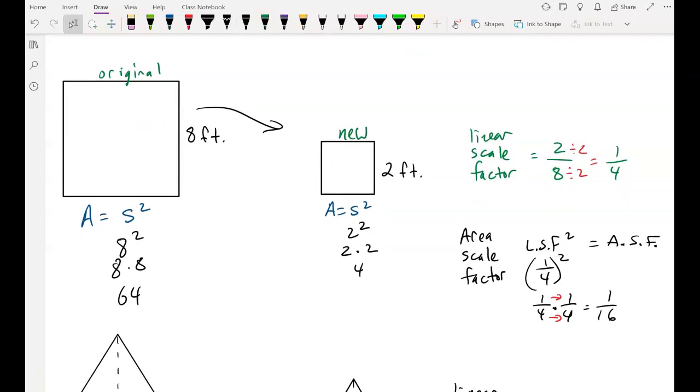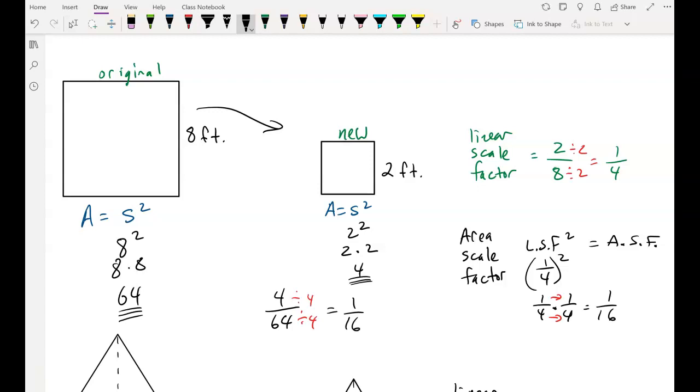All right, now let's find the area scale factor the old way. We're going to divide the new area by the original area, 4 over 64. I can divide both of these by the greatest common factor of 4, and I get 1 over 16.